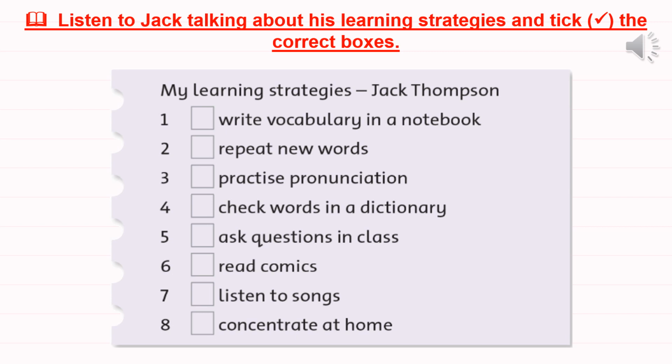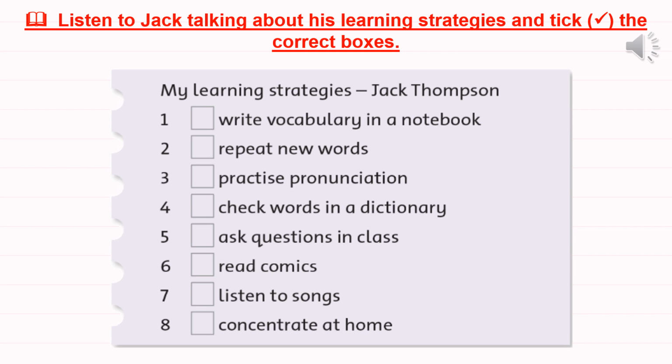Progress Review 2. Exercise 12. What language are you studying, Jack? I'm learning French at school. Have a look at these learning strategies. Which ones do you use? Well, not all of them. I've always got a notebook in class and I write new vocabulary in there. And when the teacher says a new word, I normally repeat it. It's good for my pronunciation. It's important to practice pronunciation, I think. Yes, that's true. Check words in a dictionary?